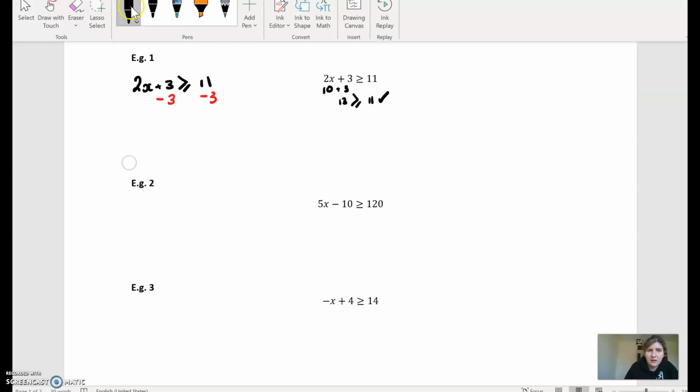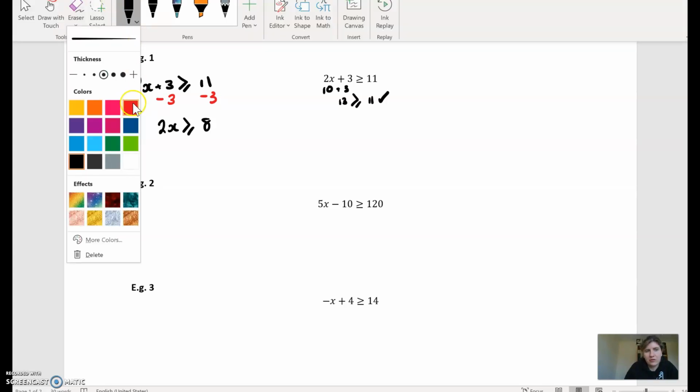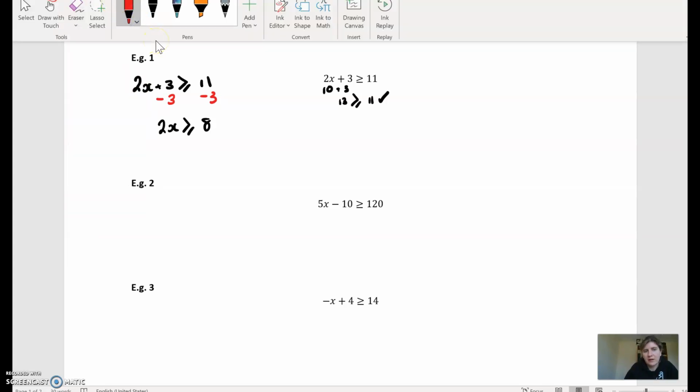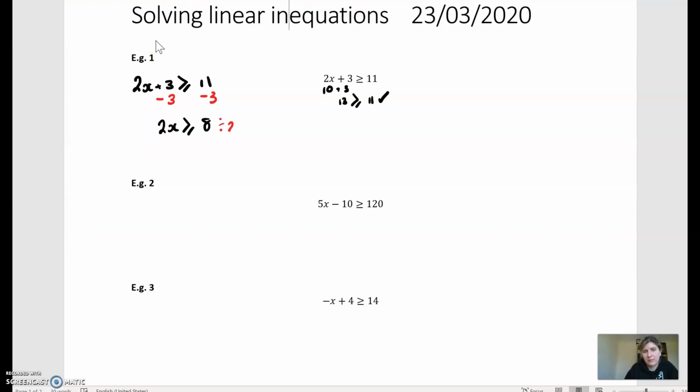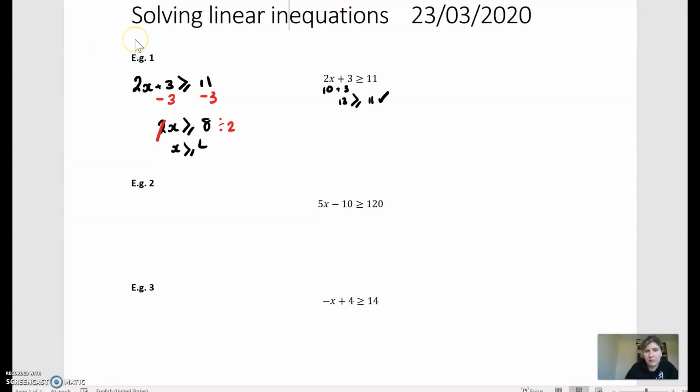Then you've got 2x is greater than or equal to, now 11 minus 3 is 8. So 2x is greater than or equal to 8. And then the last thing we're going to do is divide that by 2, because that's the opposite of timesing by 2. We can cancel that out on that side. And we're left with x is greater than or equal to 4.